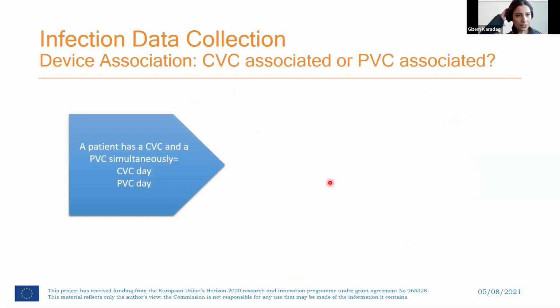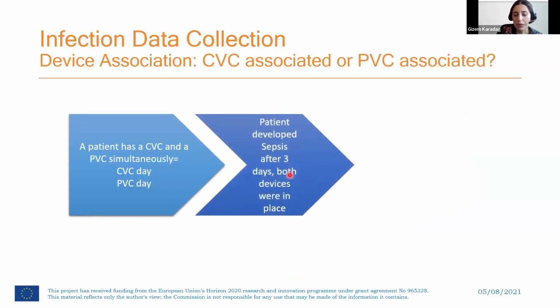So another situation: if your patient had a CVC and PVC simultaneously, and you count these days as they are 12 hours minimum, both CVC and PVC days, and then the patient later developed a sepsis after 3 days when both devices were in place. Would you count this sepsis as CVC-associated sepsis or PVC-associated sepsis?